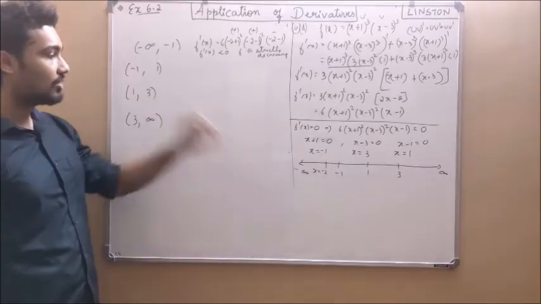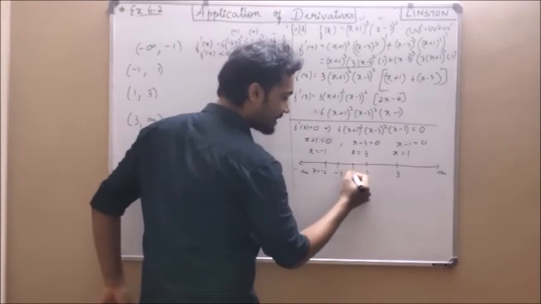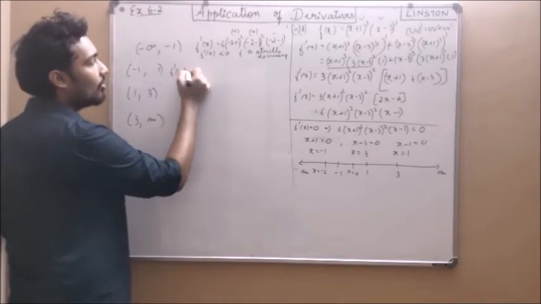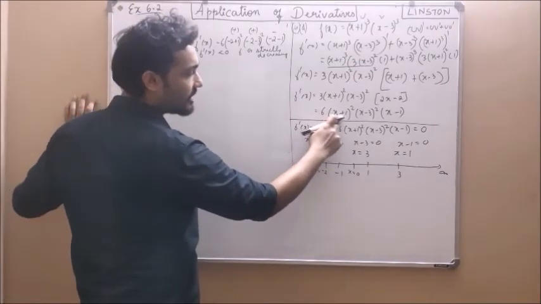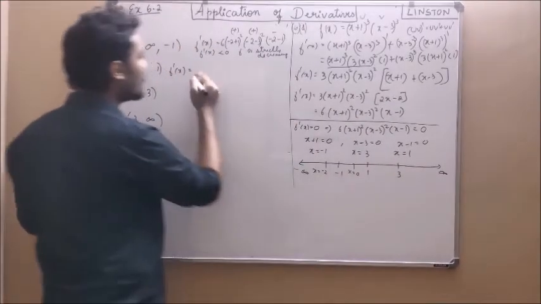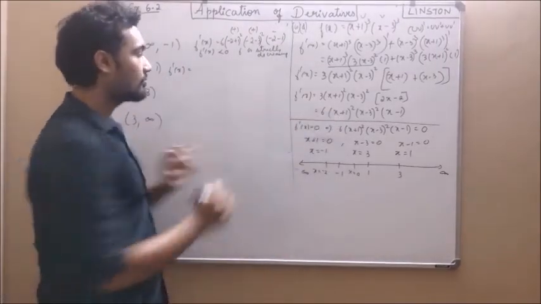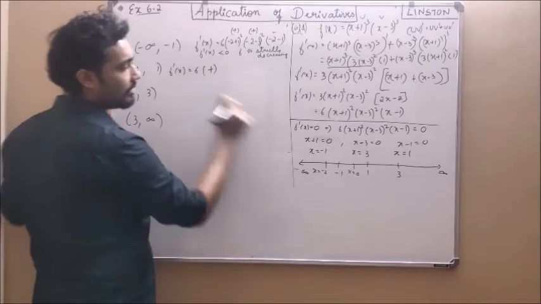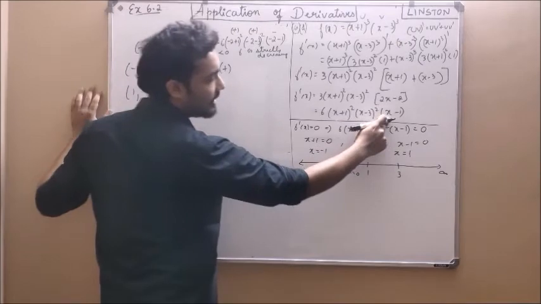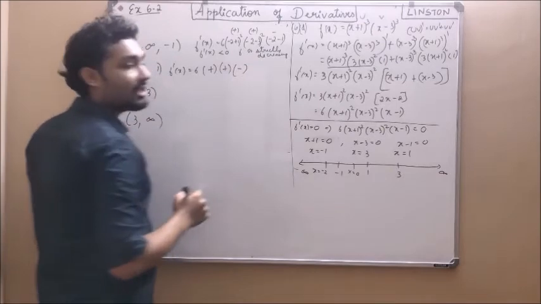Next check the interval minus 1 to 1. Which number can we take? We can take x equal to 0 and substitute in f dash of x, which is 6 into x plus 1 the whole square, x minus 3 the whole square, x minus 1. 0 plus 1 the whole square is positive, 0 minus 3 the whole square is positive, and 0 minus 1 is minus 1, negative.